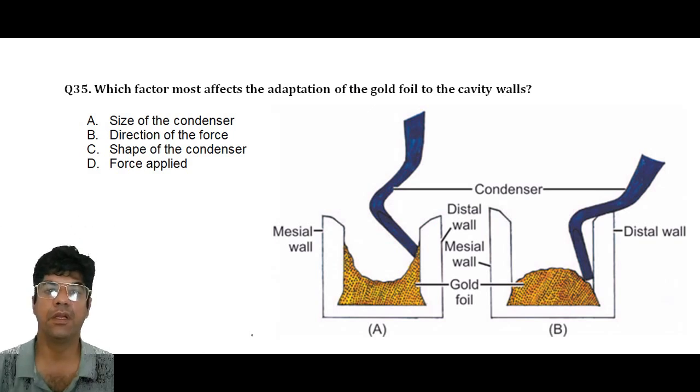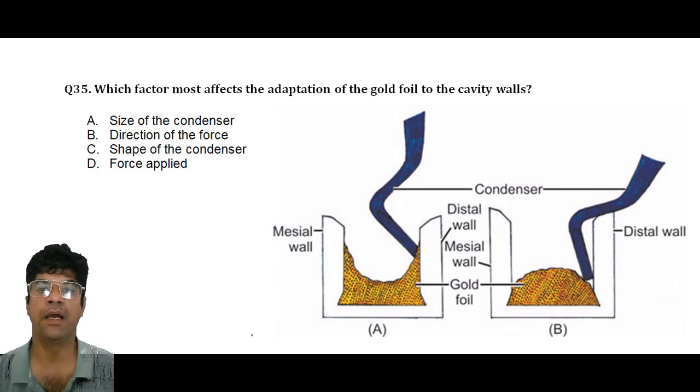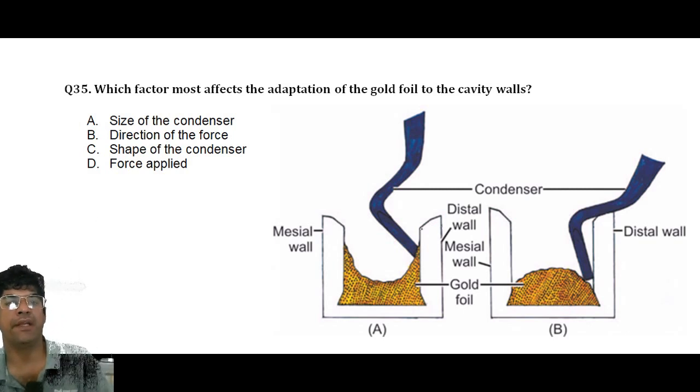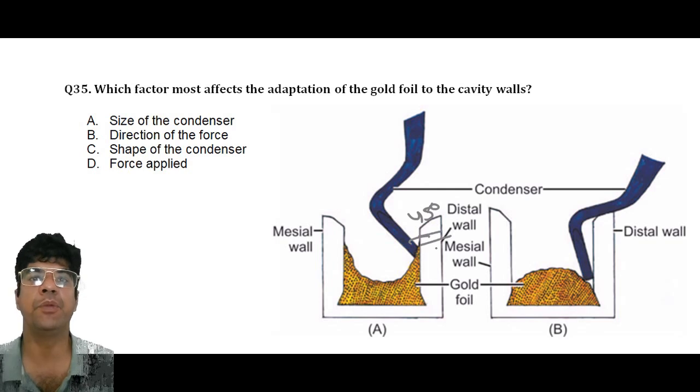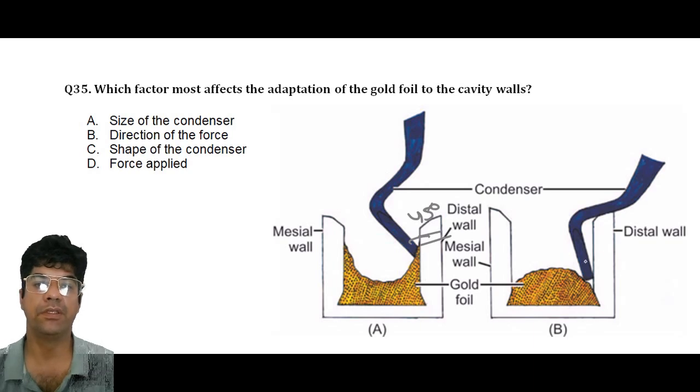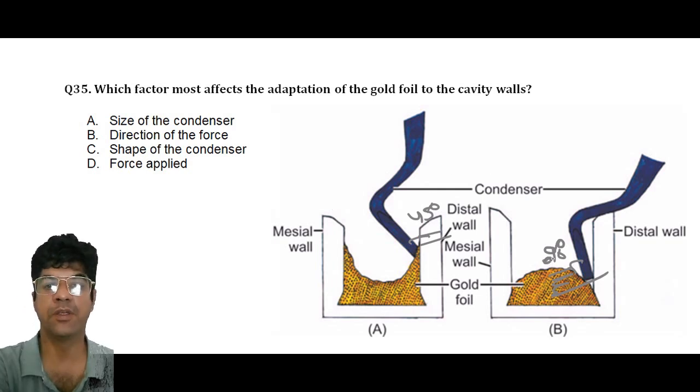What factor most affects the adaptation of the gold foil to the cavity walls? For proper adaptation of the gold foil, the condensation should be done at 45 degrees to the cavity walls. Once the gold has been condensed, the force should act at 90 degrees to the previously condensed gold.